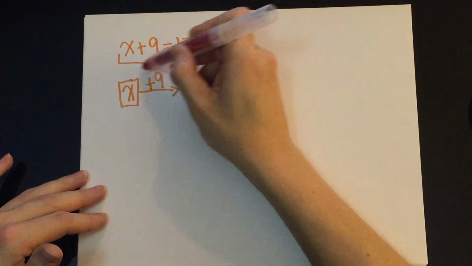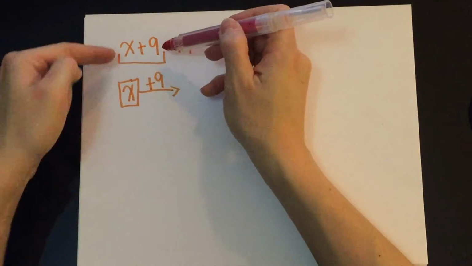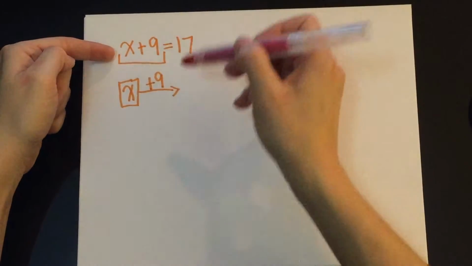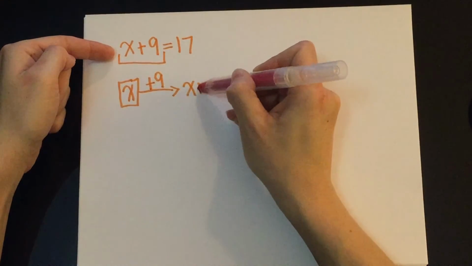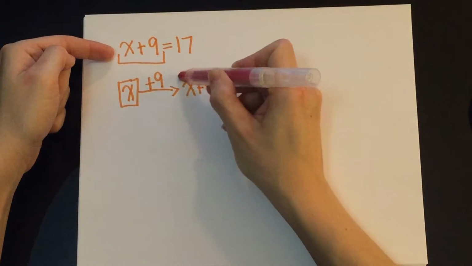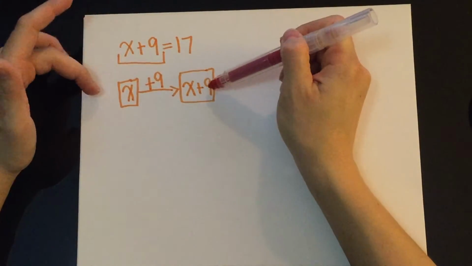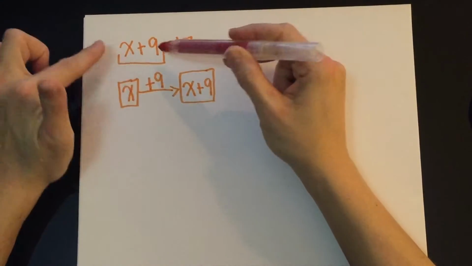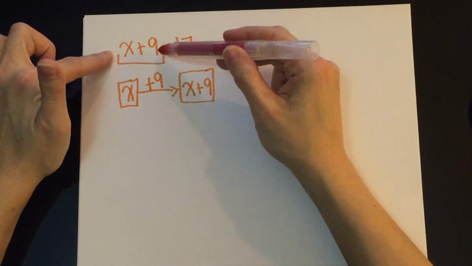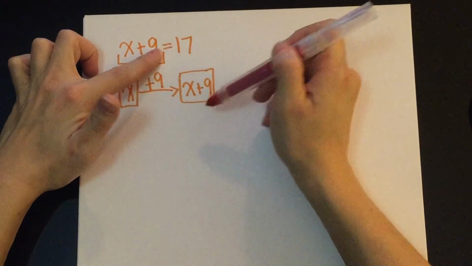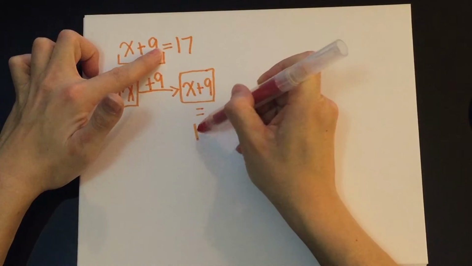Our result from that is this side of the equation, x plus 9. Since this box has the left side of the equation, we're done building. So we're going to bring down this equals 17.